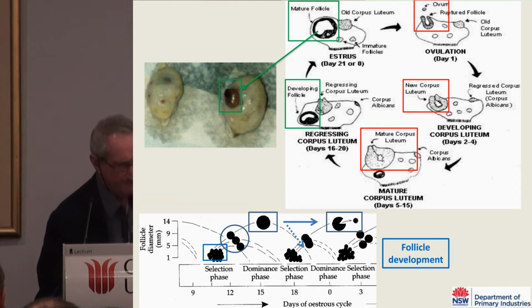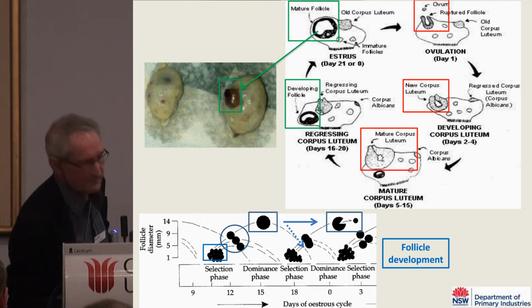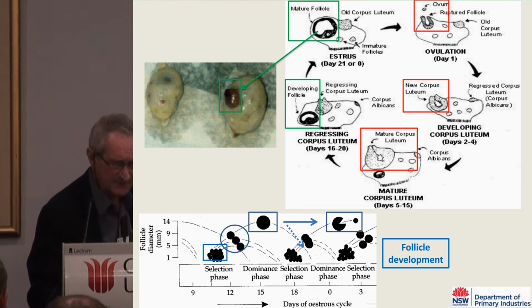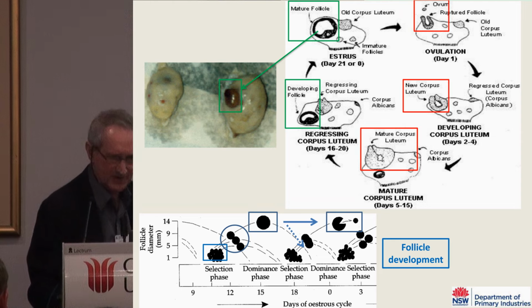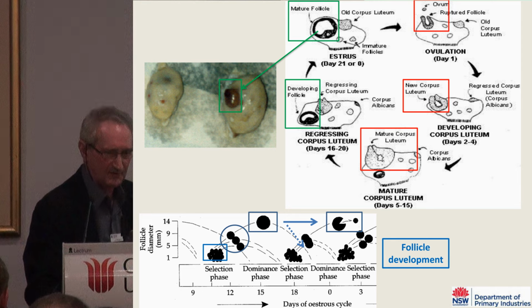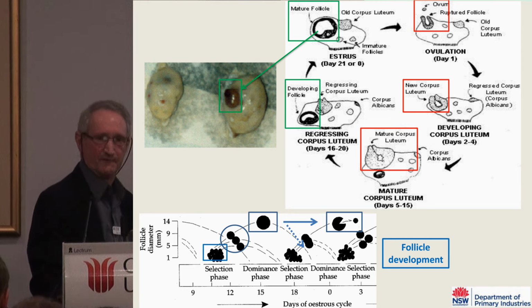If you look at the top lot, we start here with the ovum. After ovulation it leaves behind evidence that that's happened, which is the corpus luteum, a structure that we image with the scanner. And there's a mature corpus luteum. Here we're going through the process, and this follicle is going up to go for the next ovulation.